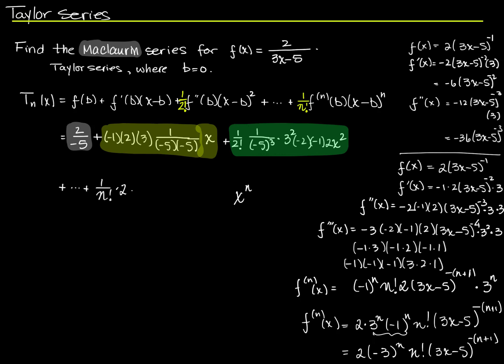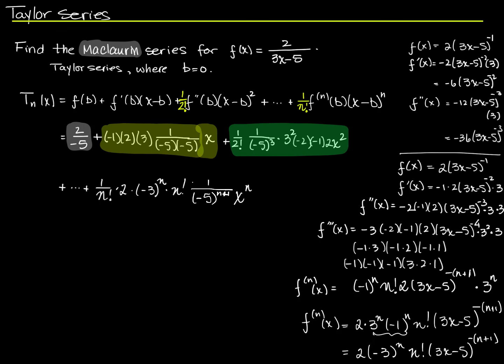Times 2 times negative 3 to the power of n times n factorial times 0 minus 5 to the power of negative n plus 1. So negative 5 to the power of n plus 1. Okay, so that's my nth term.